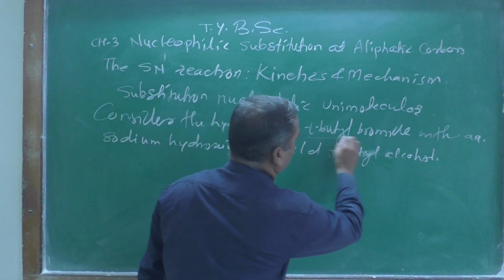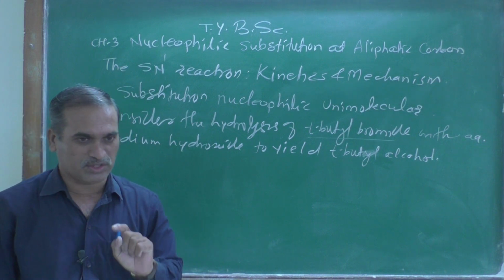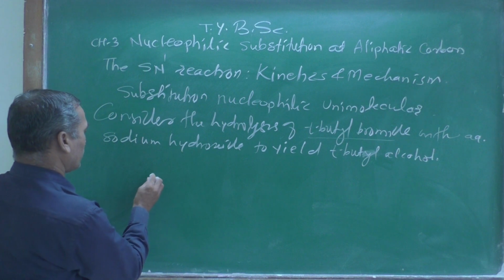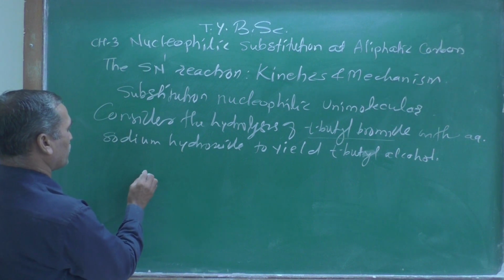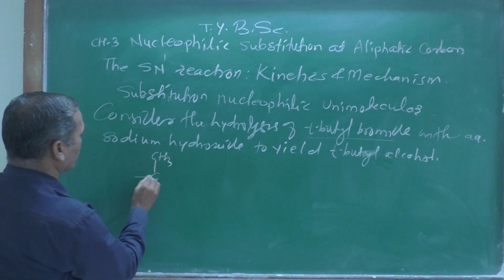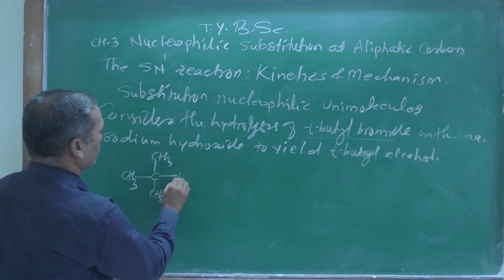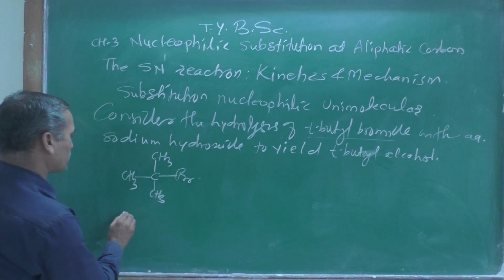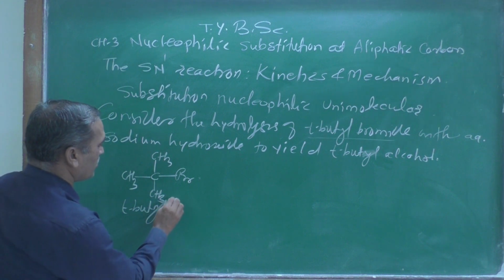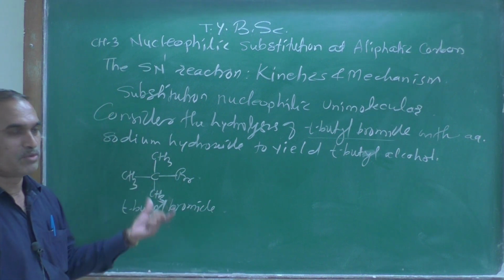Do you know the structure of tertiary butyl bromide? Yes. Here, there is a center carbon with one CH3 here, one CH3 over here, one CH3 here, and Br. This is the structure of tertiary butyl bromide.